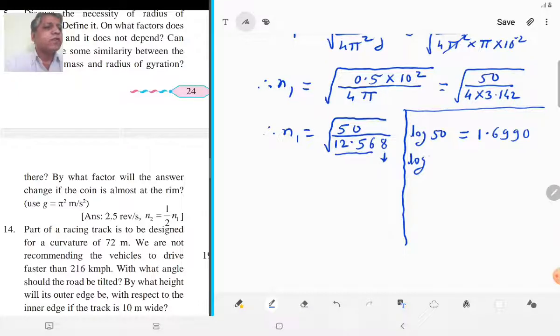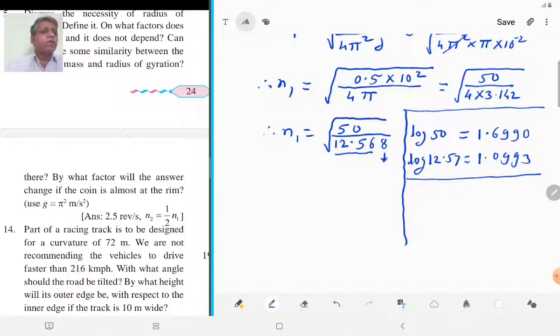Therefore we see the log of 12.57 instead of 12.56. The characteristic is 1 and the mantissa of 12.57 is 0969 plus 24, that is equal to 0993.